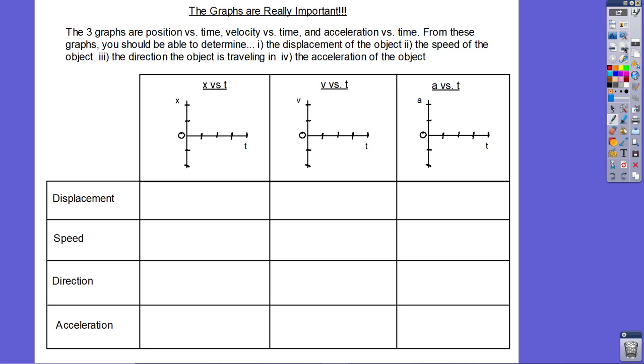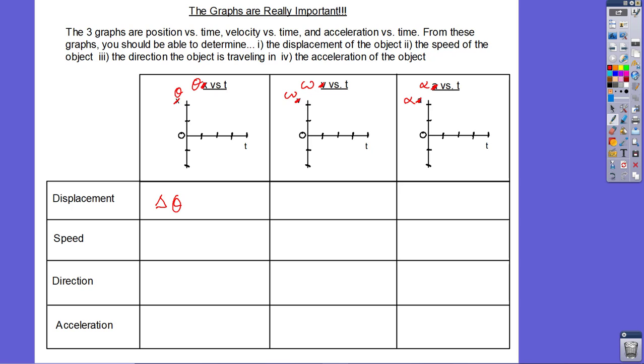So instead of position written as x, angular position is theta, angular velocity is omega, so we'll change that to theta. We'll change this to omega, and remember we use alpha instead of a. Okay, but everything else on this was the same. So displacement is just basically you measure the change in theta.